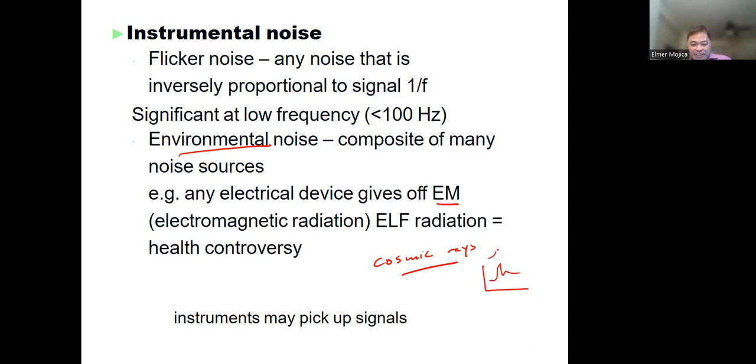And then in the next one, it's not anymore. So we can say that there are some cosmic rays that the instrument was able to absorb. Okay. And as I told you, the instrument may pick up the signal. So that's the experience that I have.